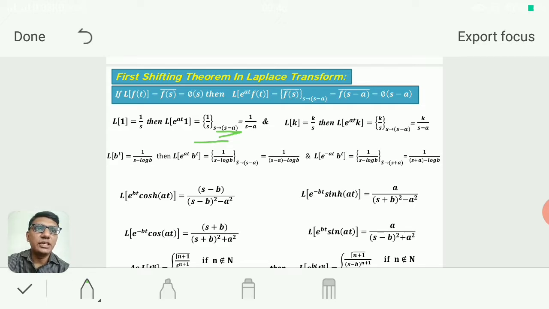Similarly, Laplace of k is k by s, we know that, but after multiplying with e raised to at, it will be k by s, where s is replaced by s minus a. Then Laplace of e raised to at into k is k upon s minus a.